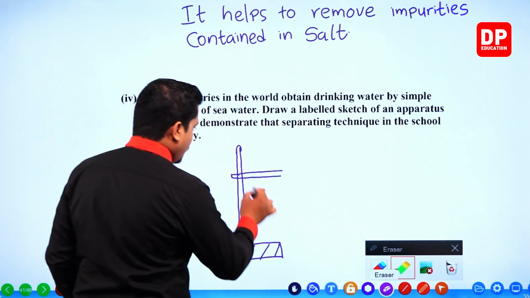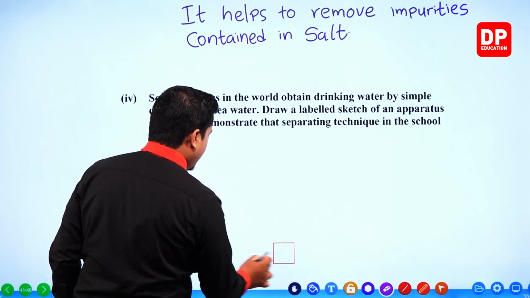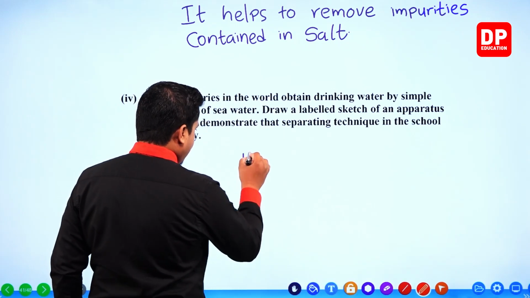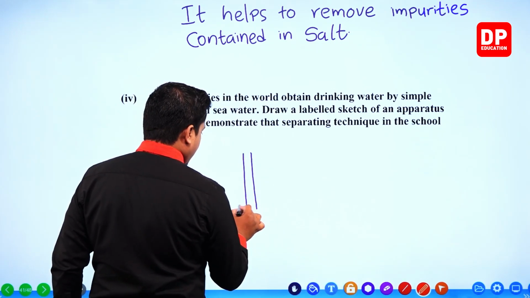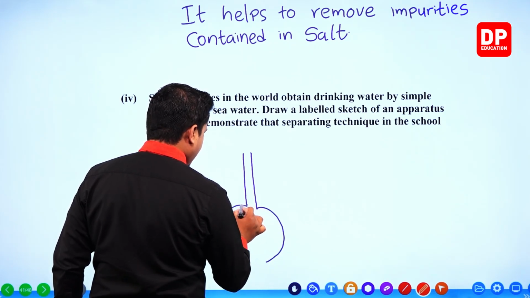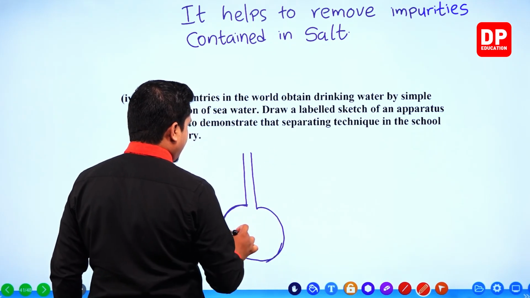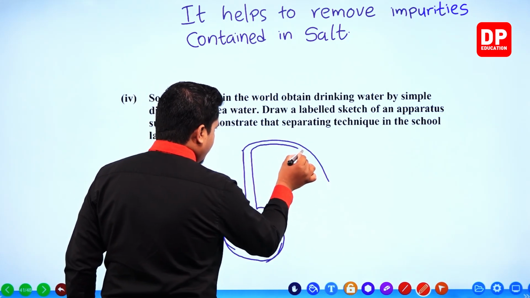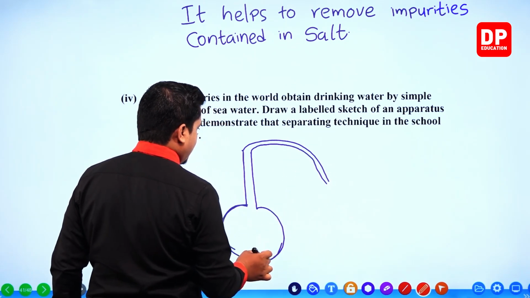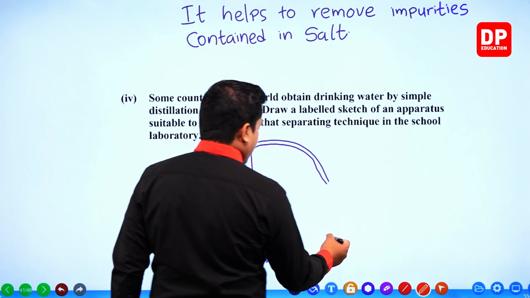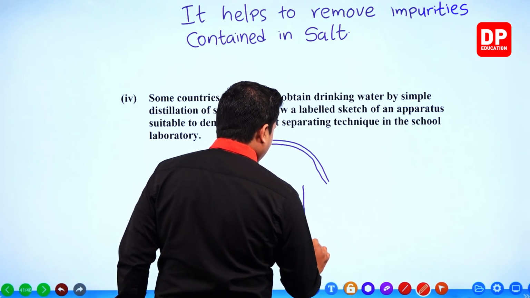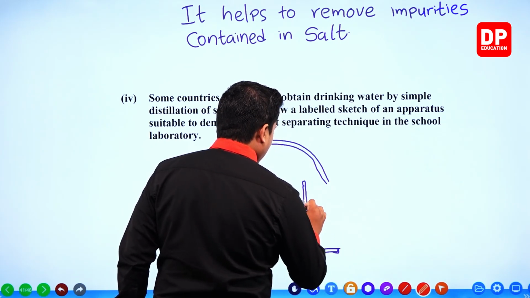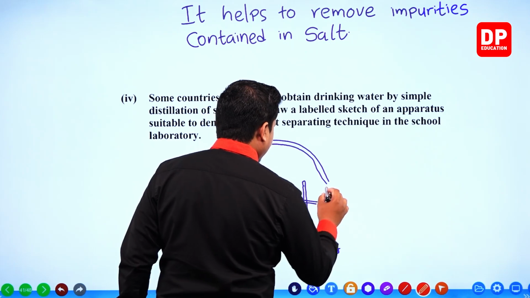So, first of all, we'll draw the diagram related to the vessel, my dear children. So, this is the vessel. Then we'll insert the delivery tube from here like this. Then we set up the Liebig condenser.